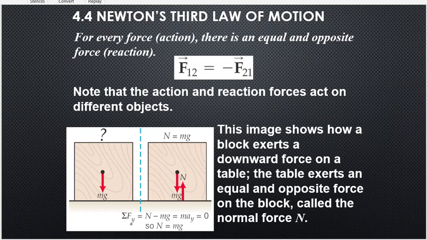And down here, what they're letting you know is that the sum of the forces, and we're going to talk about the sum of forces equation quite a bit, is equal to the normal going in one direction minus its weight in the other direction. And that's going to be equal to the mass times acceleration in the y direction, and that's equal to 0.